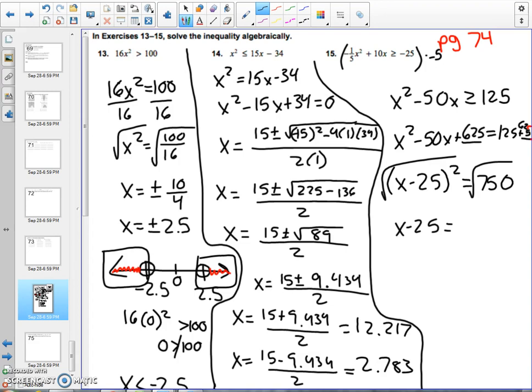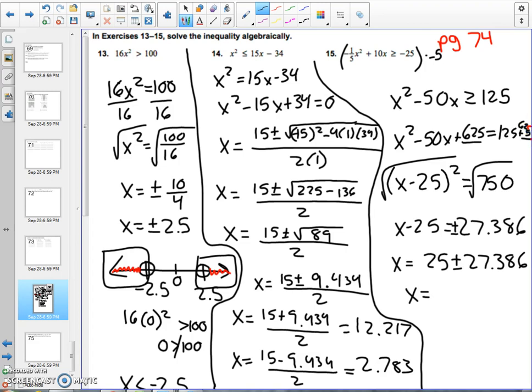We can get a decimal form, since we need to know where they fall on the number line, plus or minus 27.386. So x is 25 plus or minus 27.386. And I would want the decimal approximation for both of those.